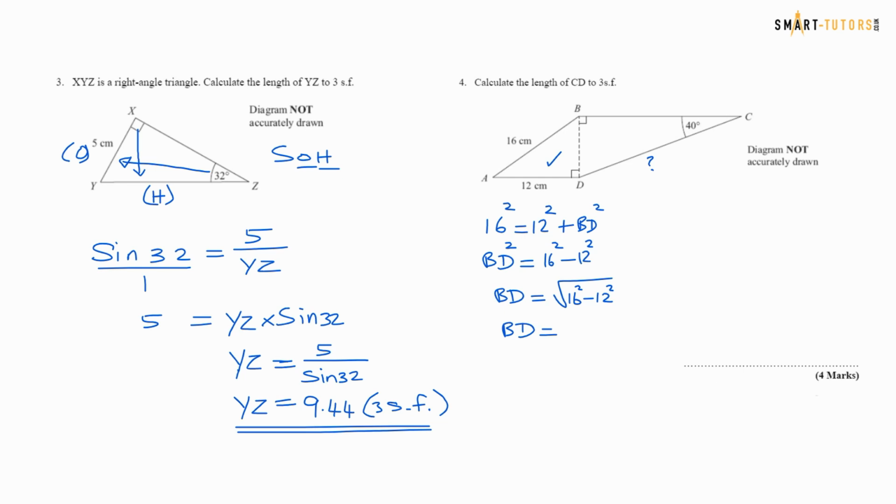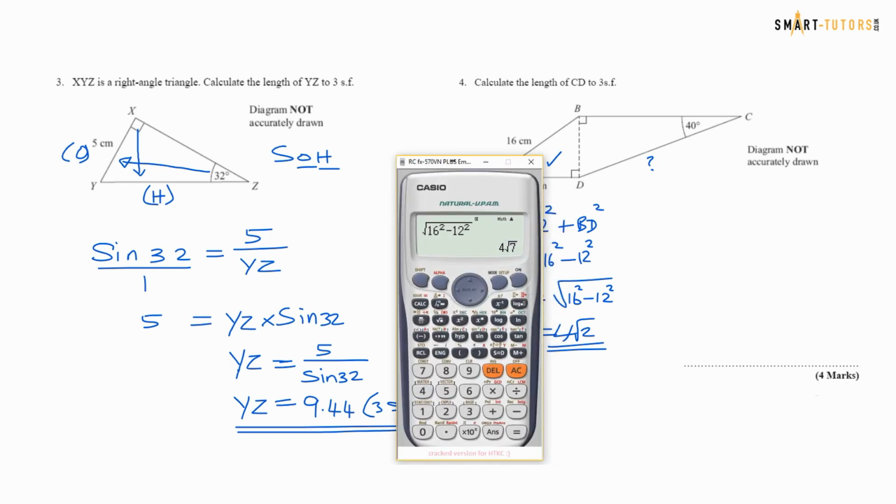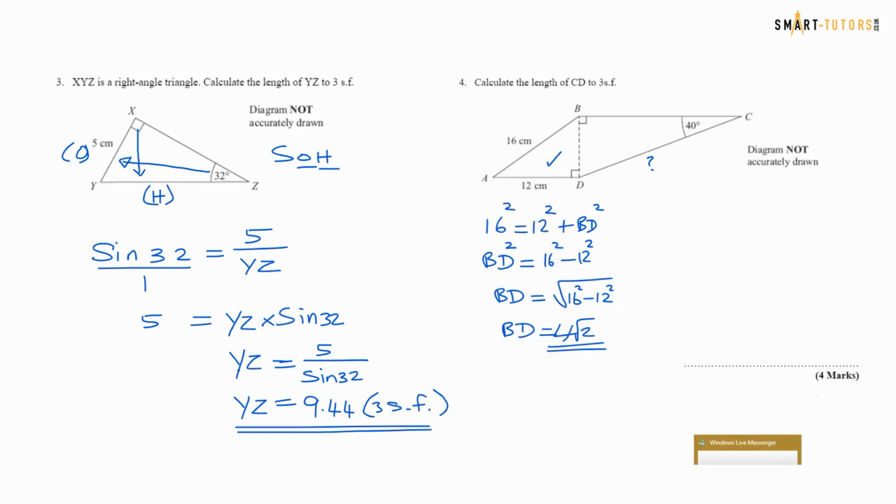Don't make the answer in decimal numbers, because if you round up the answer and then do another calculation, the error is too far away from the actual answer. So keep that answer in surd form. Sorry, my answer was wrong; let me put in the correct answer, 4 root 7. So basically BD is 4 root 7.